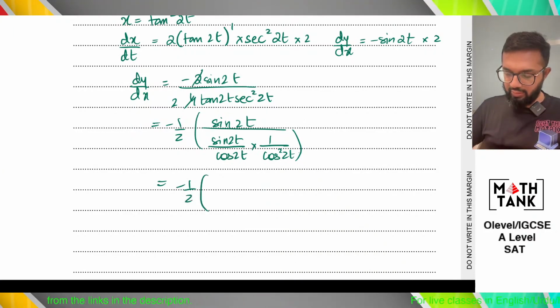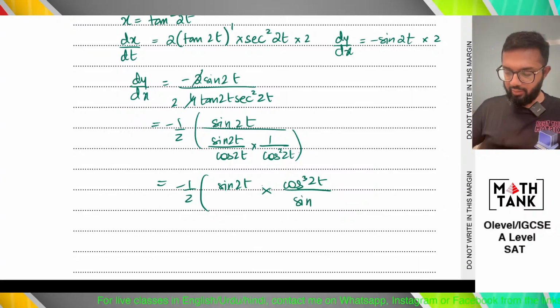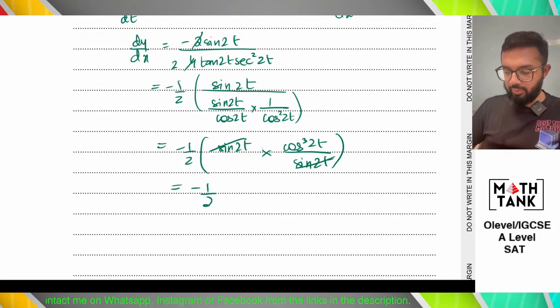So minus half sine 2t divided by sine 2t, multiplied by cos cube 2t. So had you put in double angles, you would have messed up. So that's the correct way of doing it.